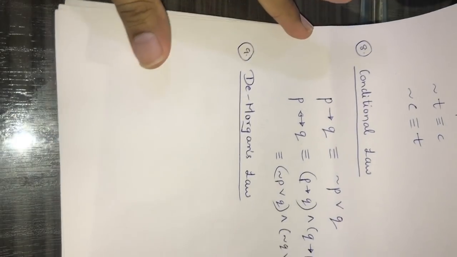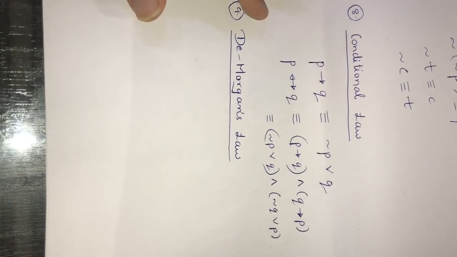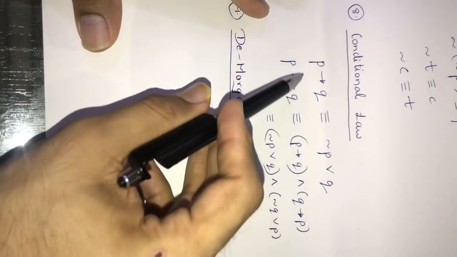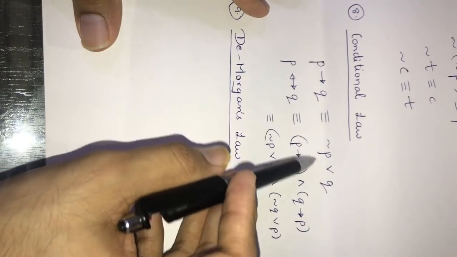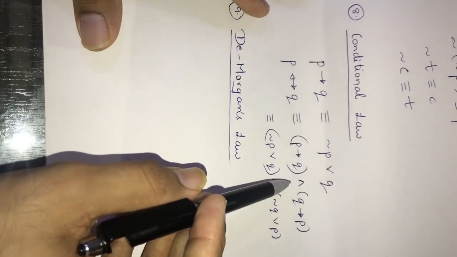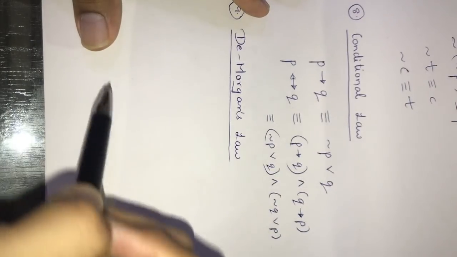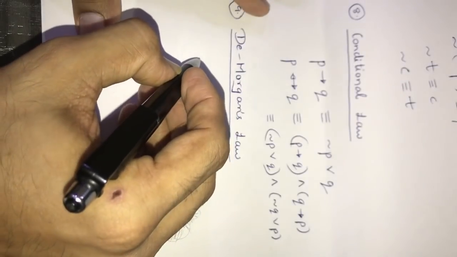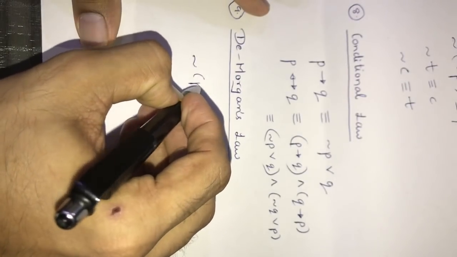Next is De Morgan's law. So conditional law, we have done this previously. P implies Q is negation P or Q. P double implies Q is P implies Q and Q implies P, and then you write the equivalent form of it. De Morgan's law also we have done previously.